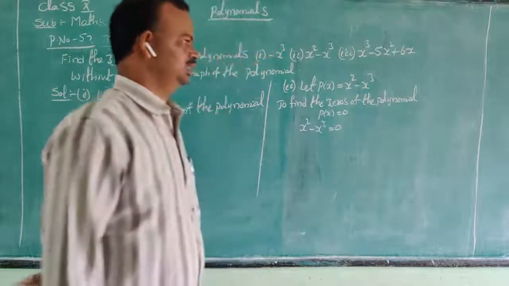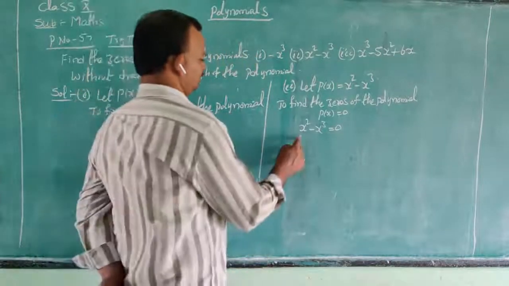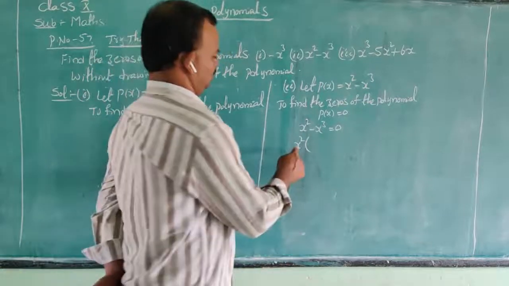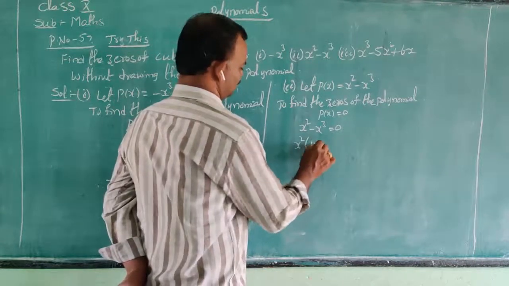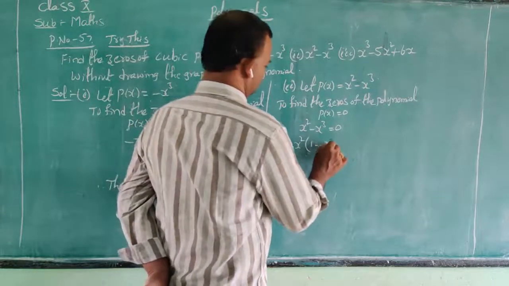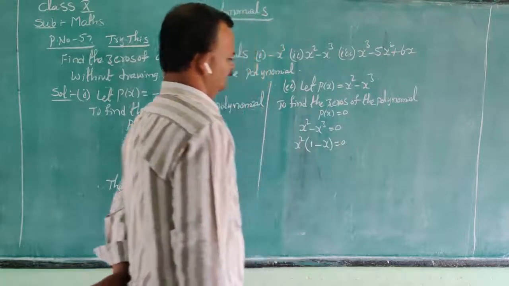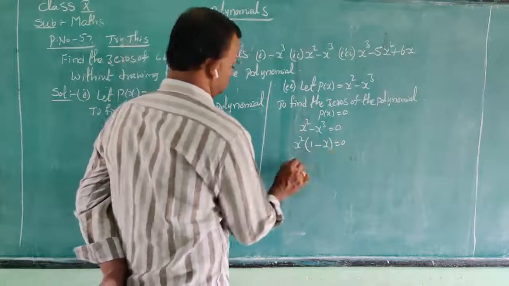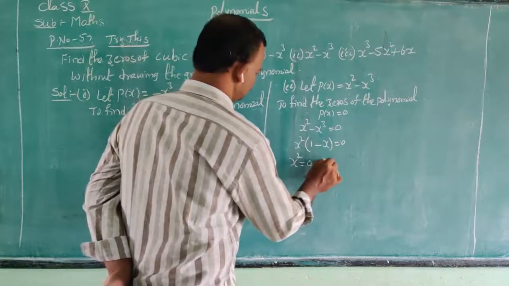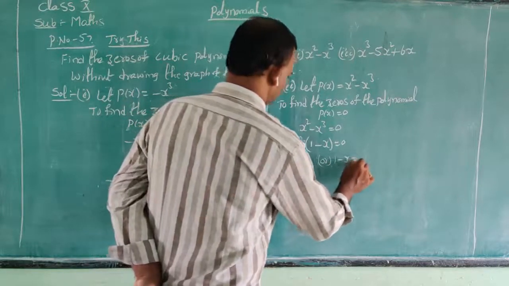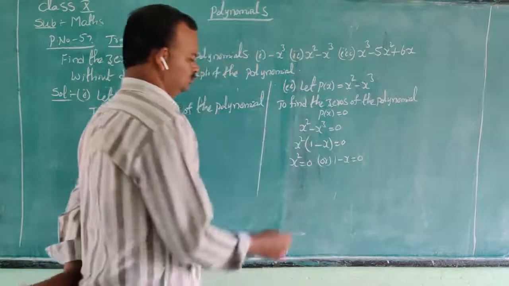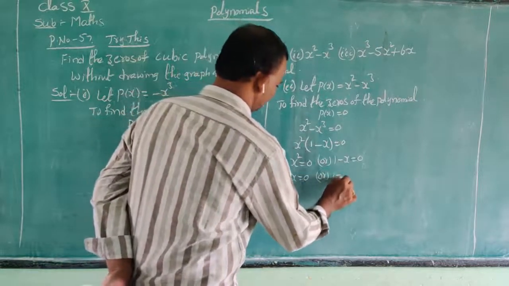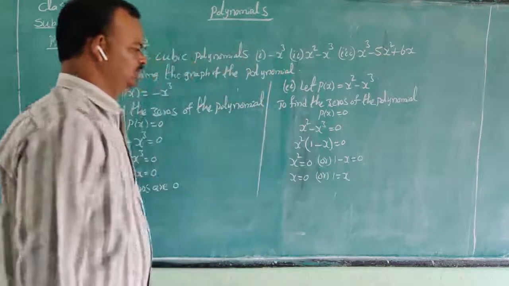Taking x square common in these two terms, the next value is 1 minus x. Equating these to 0, x square is equal to 0, and 1 minus x is equal to 0, that implies x is equal to 1.